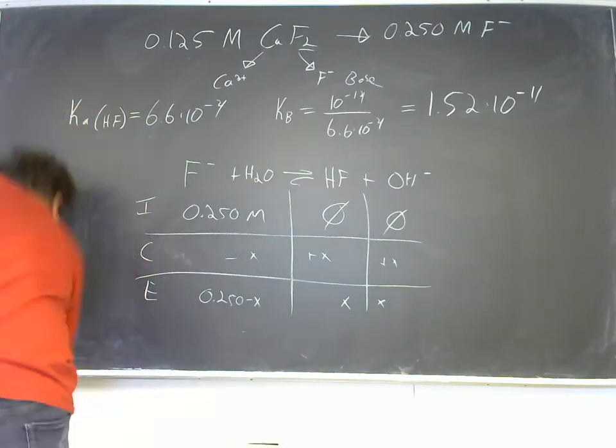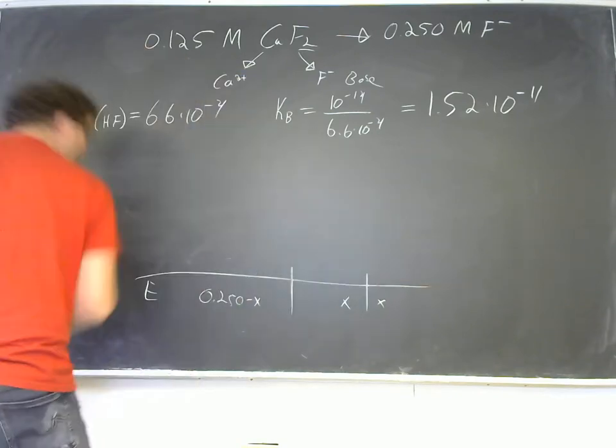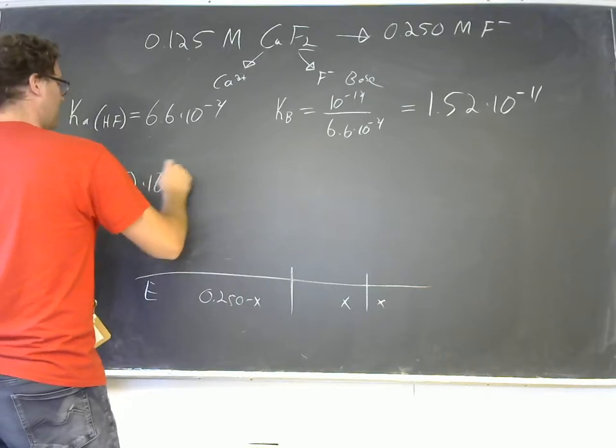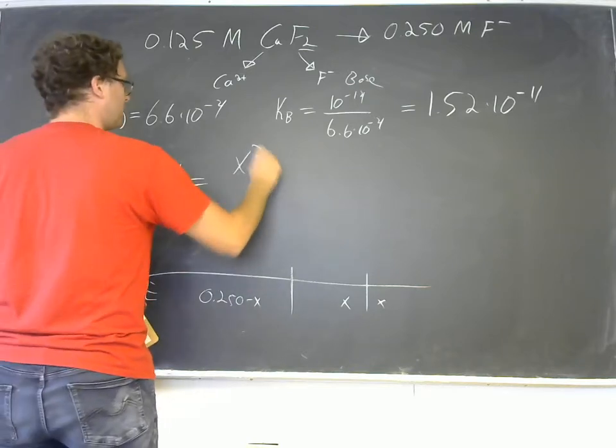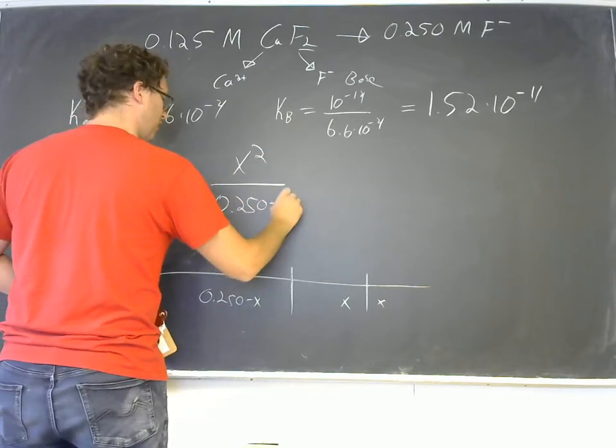And so what we have in the end is that our Kb value of 1.52 times 10 to the negative 11th is equal to x squared over 0.250 minus x.